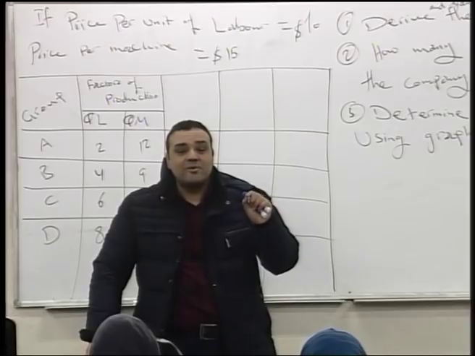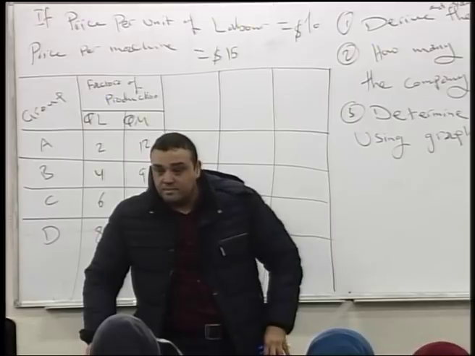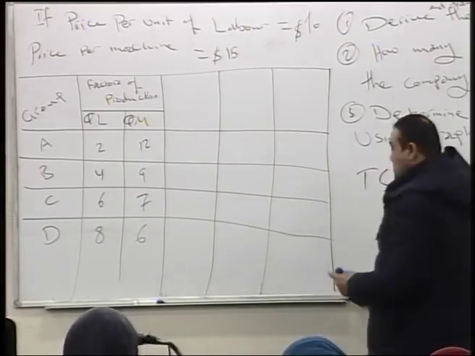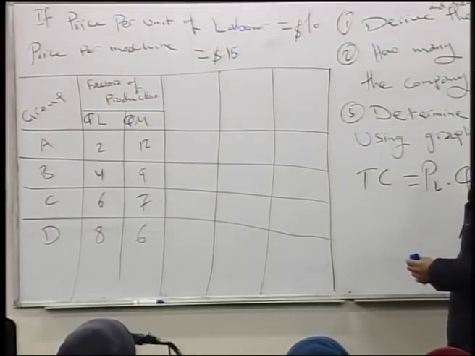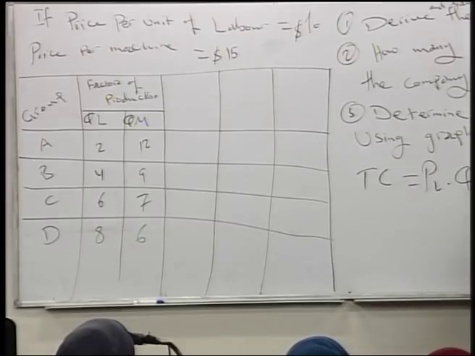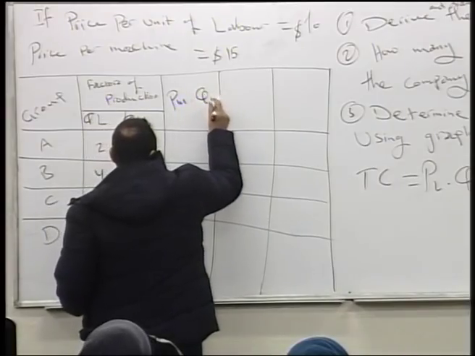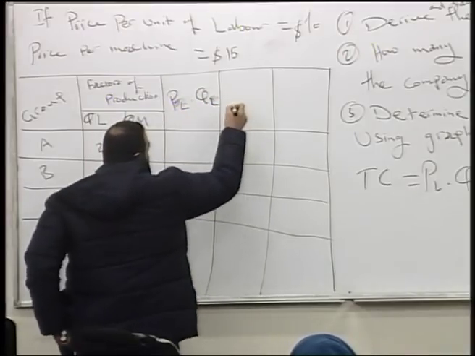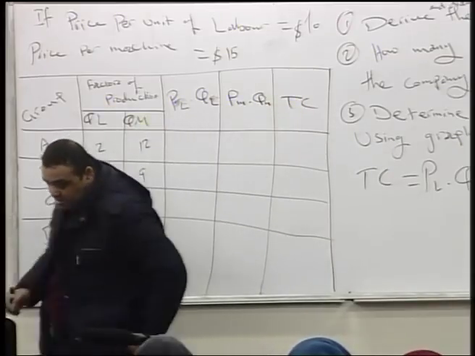So we have to calculate the total cost for each group and select the minimum, right? As we know, the total cost equals the price of labor times the quantity of labor plus the price of machines times the quantity of machines. So here we have three columns: price of L times QL, and price of M times QM.